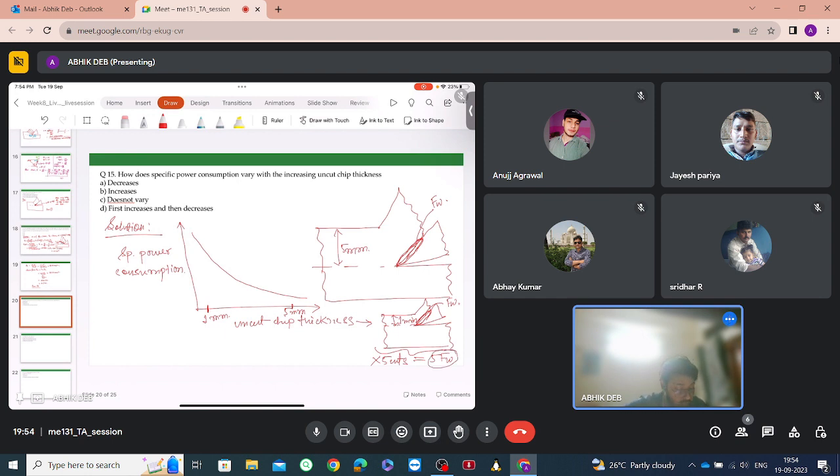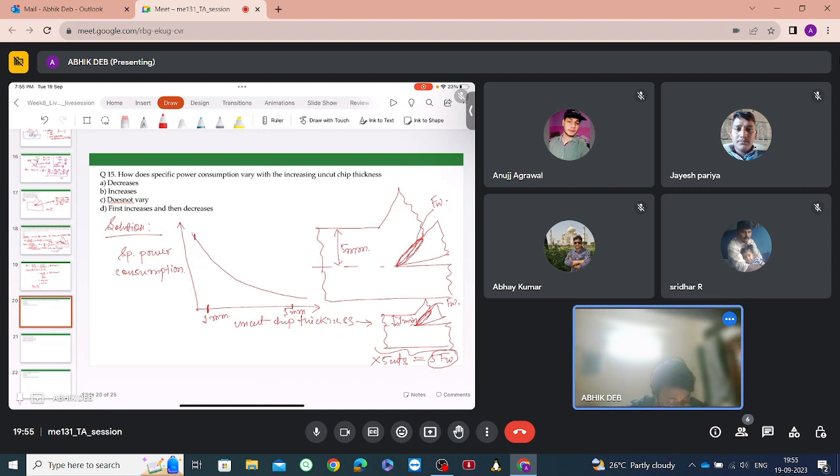If we take small cuts, then the total frictional work will be more. Even if the shearing work is the same, the frictional work will be more, because we are cutting multiple times. Since the frictional work is more, the total work will be more, and hence the specific power consumption will be more for lower chip thickness.